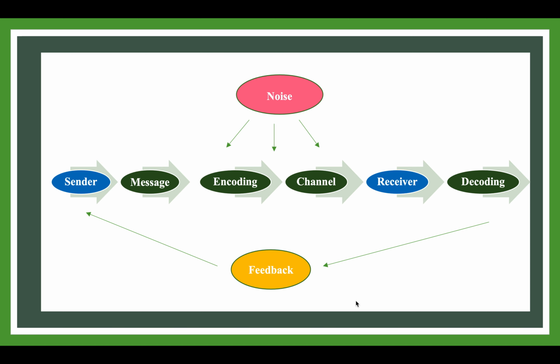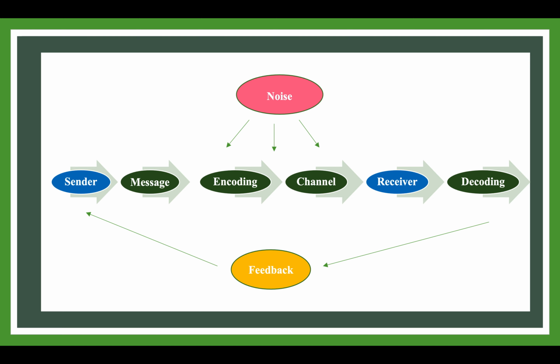Now as you can see in this particular diagram or chart, number one is the sender of the message, which you can see in the blue color. When a person wants to communicate anything to the other person, what would a sender do? A sender would send a message. Message is then encoded by the sender.